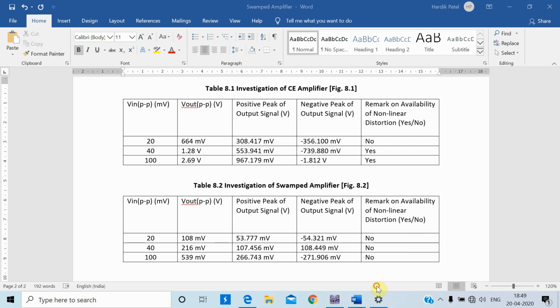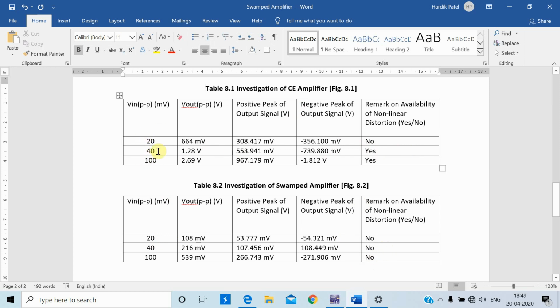So now you can see the readings I have mentioned in this sheet. For 20 millivolt peak to peak, in both the cases there is no nonlinear distortion, while for the 40 millivolt and 100 millivolt cases, in the C amplifier there is a distortion, while in the swamped amplifier there is no distortion.